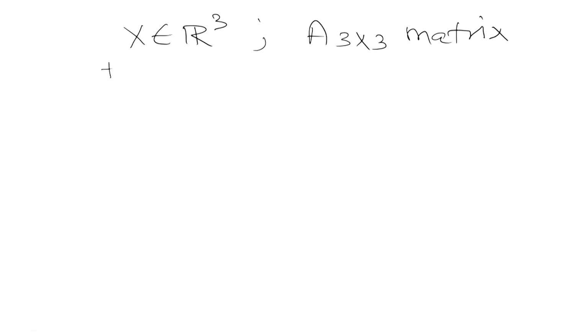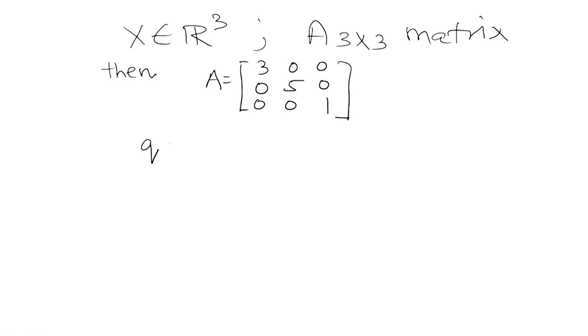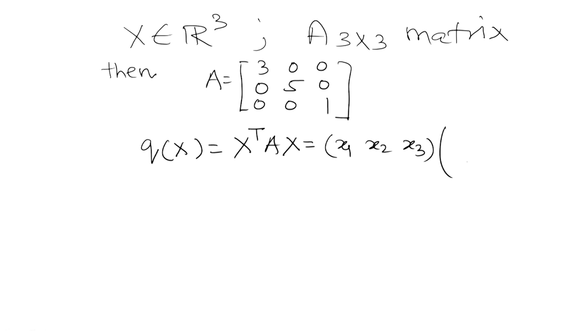For example, if you consider x belongs to R3 and A is a 3 by 3 matrix, if you take A equals 3 0 0, 0 5 0, 0 0 1, then the quadratic form Q of x, which is x transpose A x, is x1 x2 x3 multiplied with A and then the vector x.